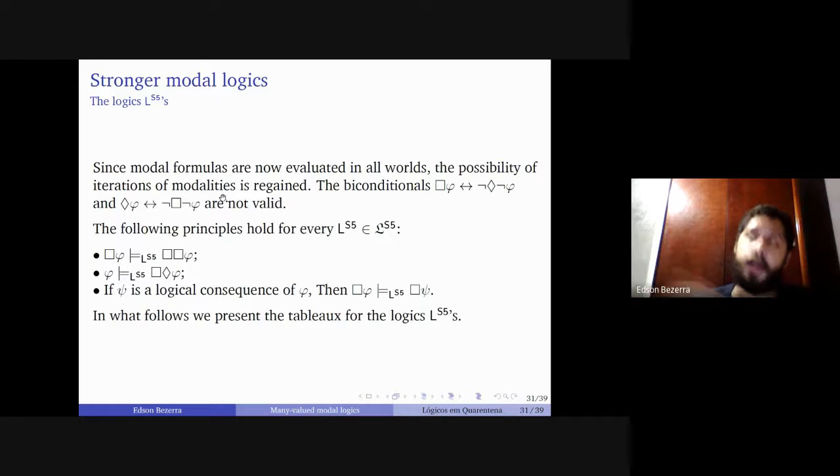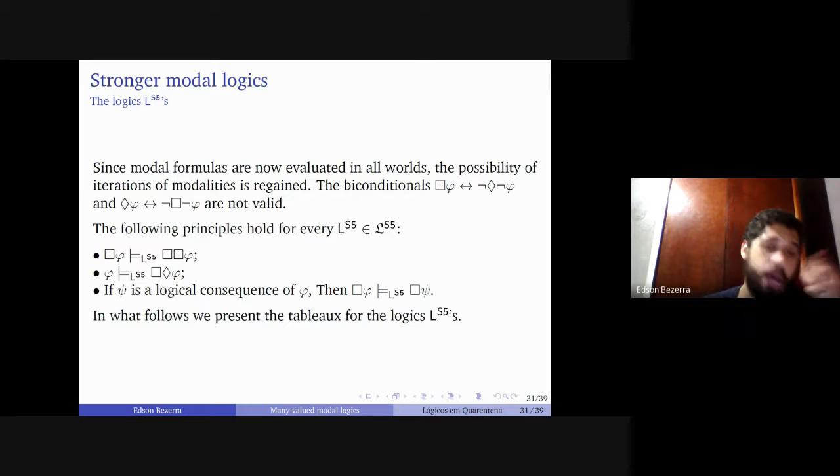But even in these logics, the biconditionals of these modalities do not hold, because the bivalence of the modalities breaks the validity of these biconditionals. So both must be taken as primitive in the language.